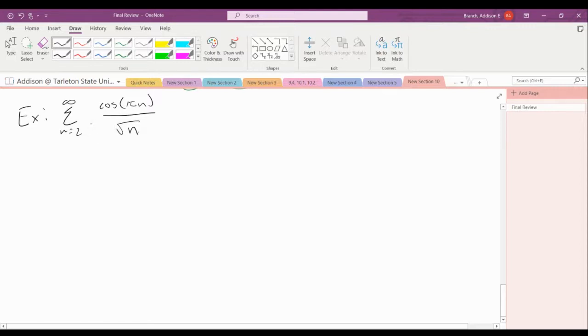This one's kind of different because we don't have an explicit (-1)^n. But we do have cosine of pi n, and we know that's going to bounce back and forth between -1 and 1, right? So therefore, we can rewrite this as an alternating series.